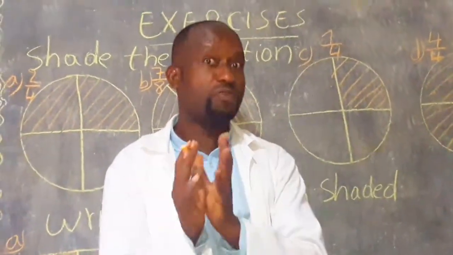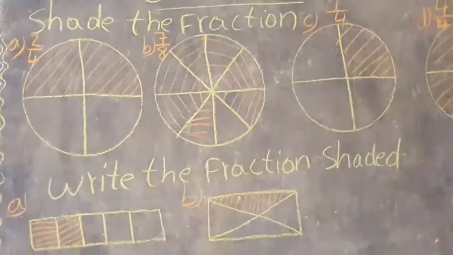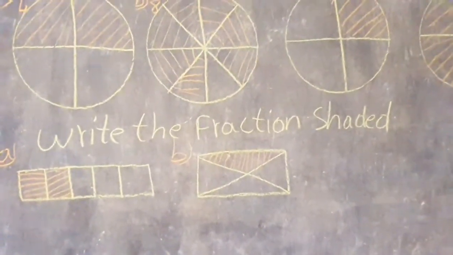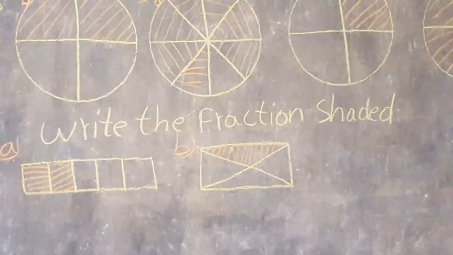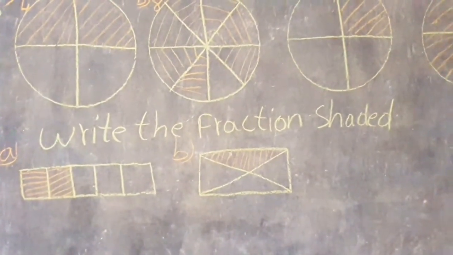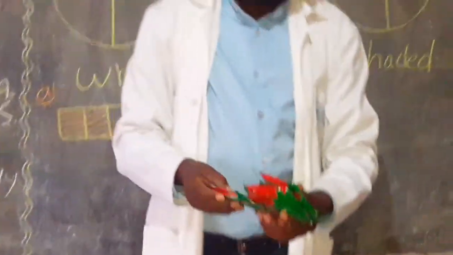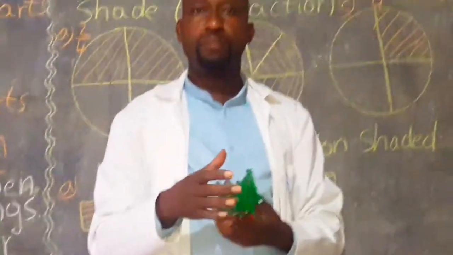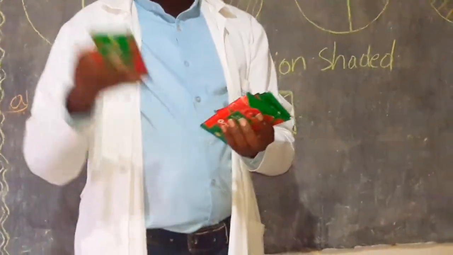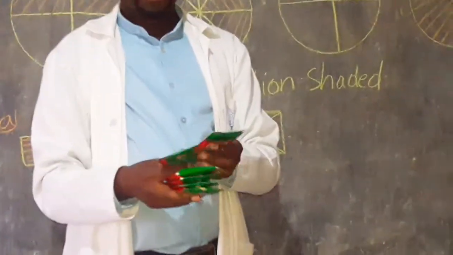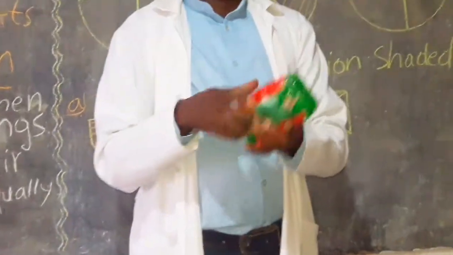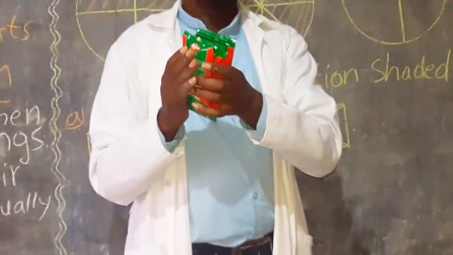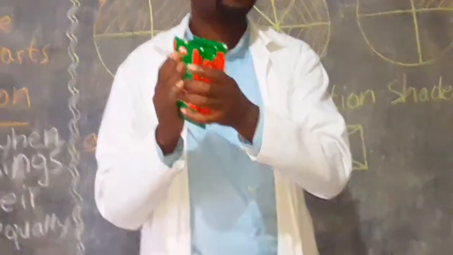Okay, stay there. I'm going to give you other exercise. Here I have tomato paste. How many tomato paste I have? 1, 2, 3, 4, 5, 6. And now 6 represents all available parts I have.